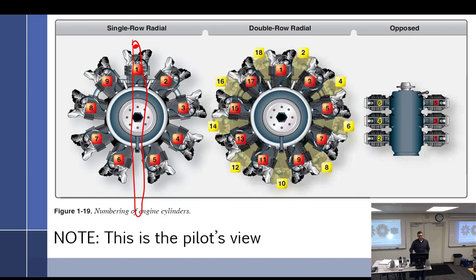You can do your compression check, which we'll talk about later, then the next one to do is going to be number 3. And this prop is literally going to move around until it's pointing to number 3. That's top dead center. So one prop blade is always going to be pointing at the cylinder at top dead center. So it's kind of a cool thing. Not on the test.